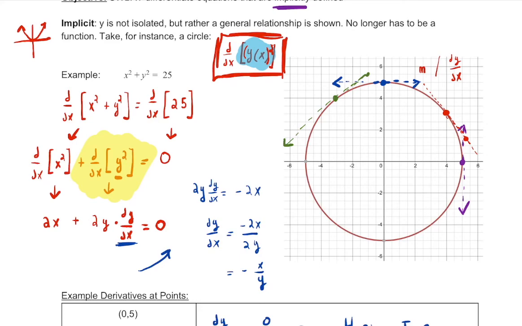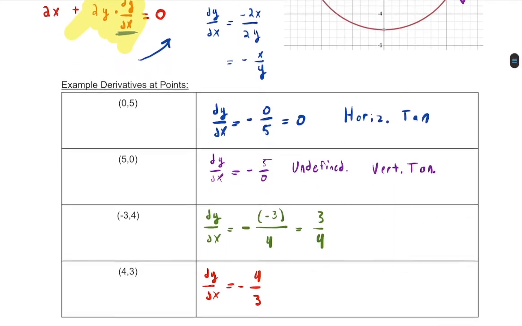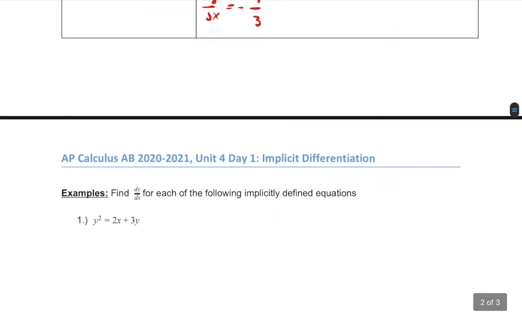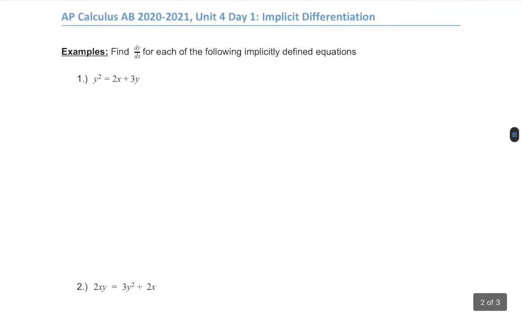So we would have 2 times the inner function, 2 times y, times dy dx. Now, this is, I would say, one of those problems where you can very easily memorize the what to do. The why is quite a bit trickier. So as long as you're hanging with me on the what to do, the why will come eventually.